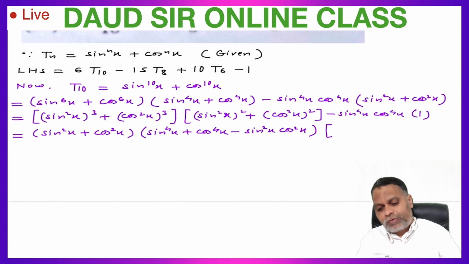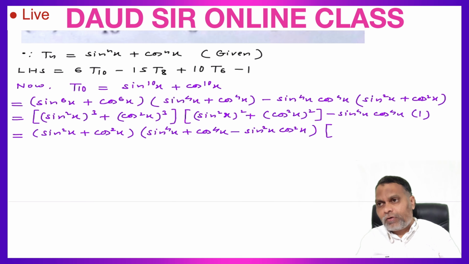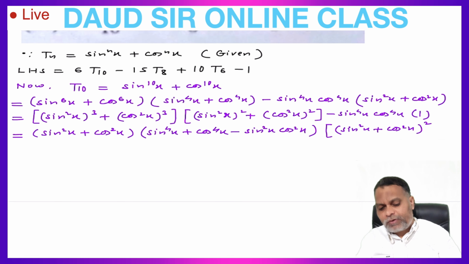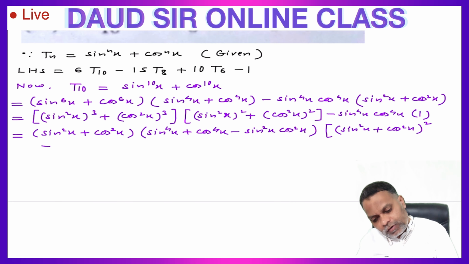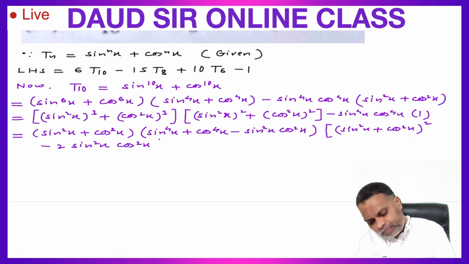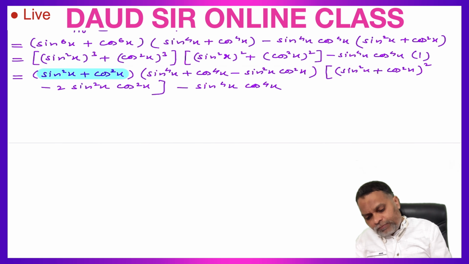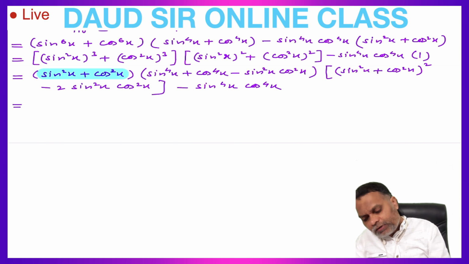This (sin square x) whole square plus (cos square x) whole square, we can write with the identity (a plus b) whole square minus 2ab. So this is (sin square x plus cos square x) whole square, (a plus b) whole square, minus 2ab, 2 sin square x into cos square x, and minus sin raised to the power 4x into cos raised to the power 4x as it is, which is equal to sin square x plus cos square x, 1.